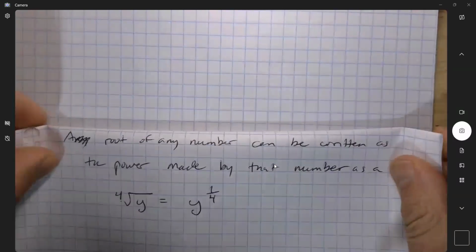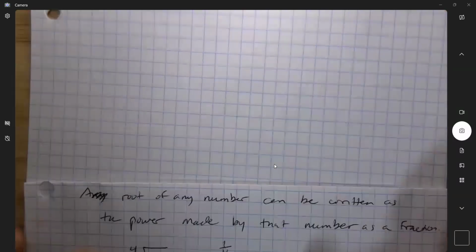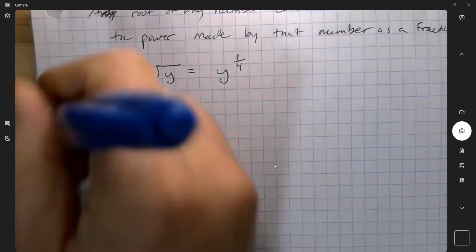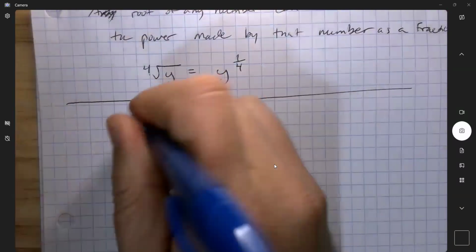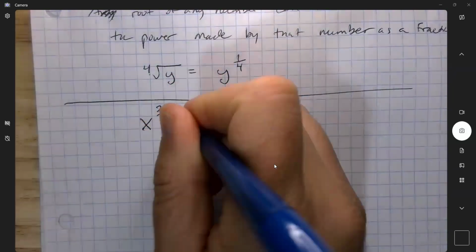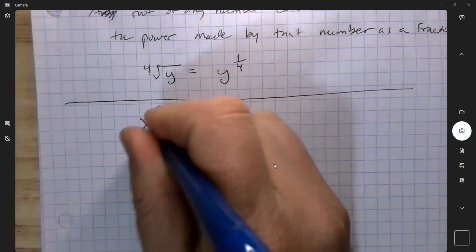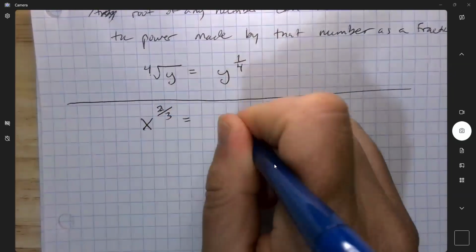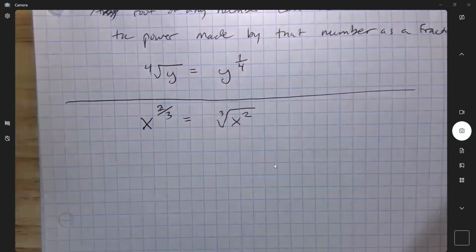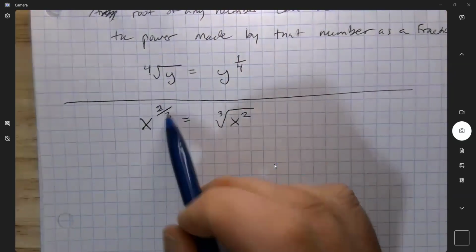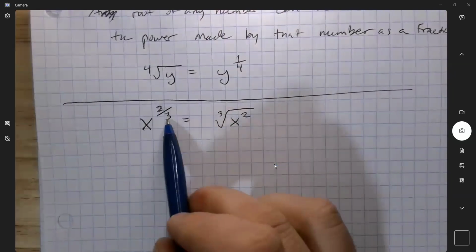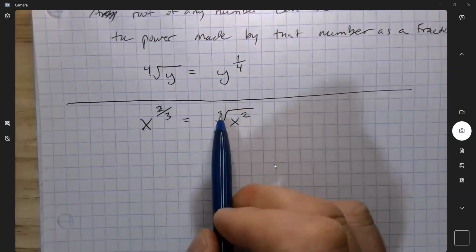which is now I can do things like x to the 2/3. Well, x to the 2/3 is x squared, but the 3rd power is the 3rd root. So when you have a fractional power, the number on top becomes a power on x, and the number on bottom becomes the root.